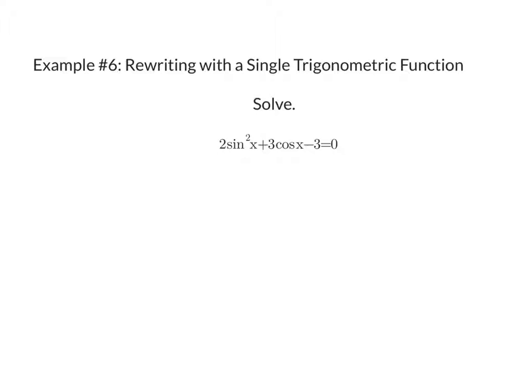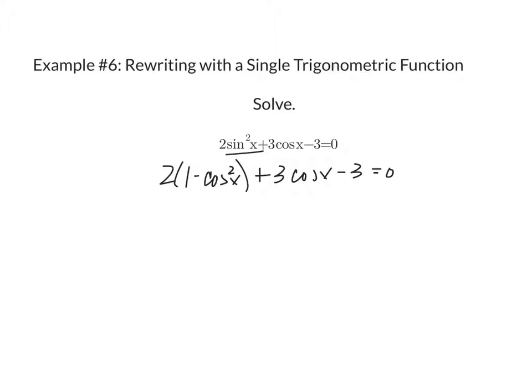So then what you need to understand is that sine squared x as a trig identity is really 1 minus cosine squared x. We could prove that with the Pythagorean identity, but again, I would just say reference your Pythagorean identities, which would show you that sine squared x plus cosine squared x equals 1.